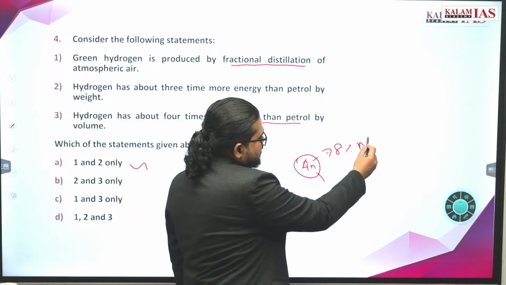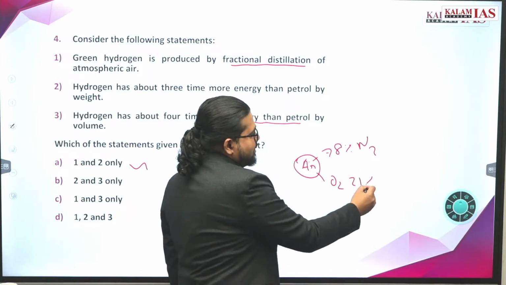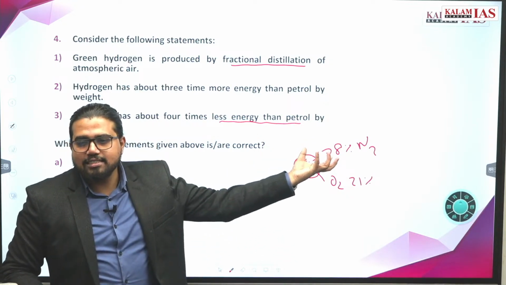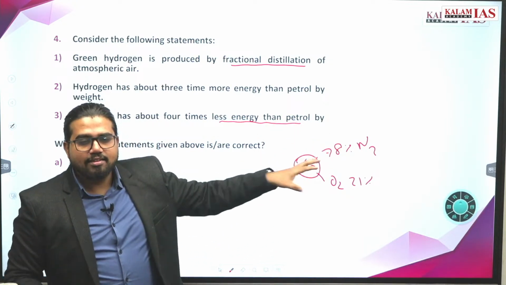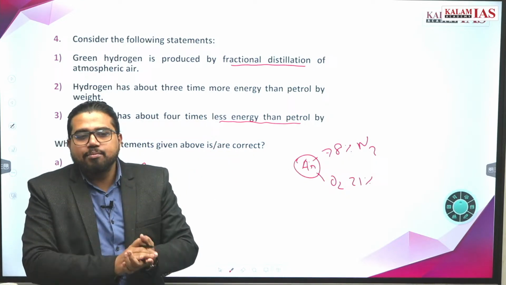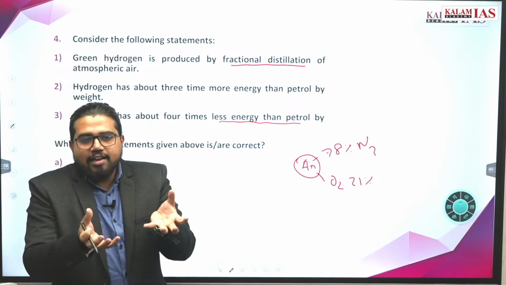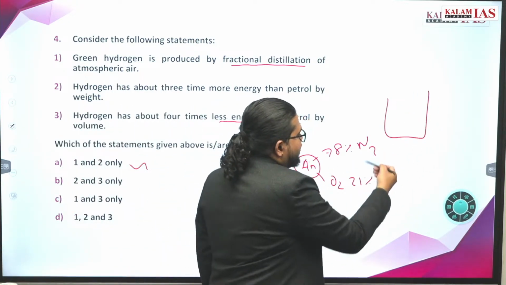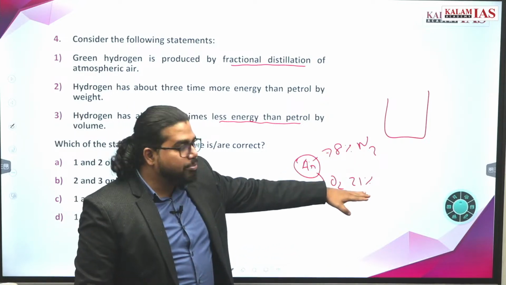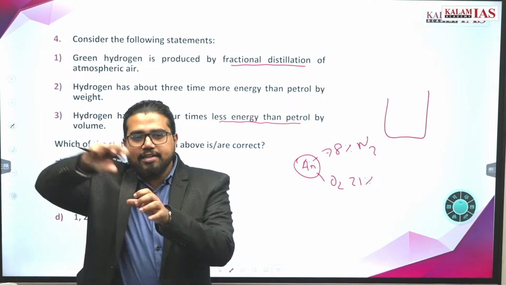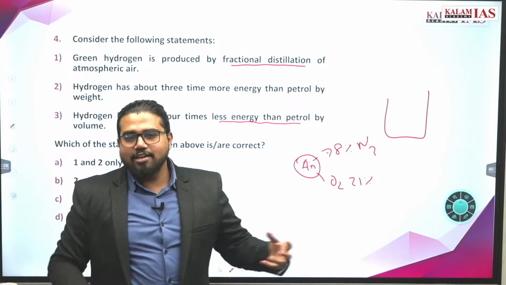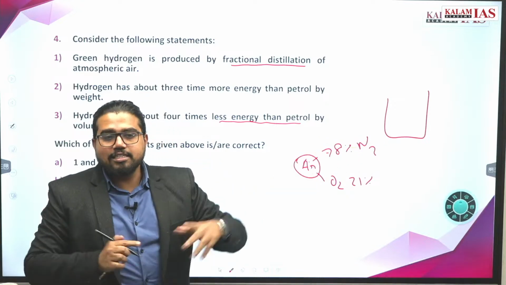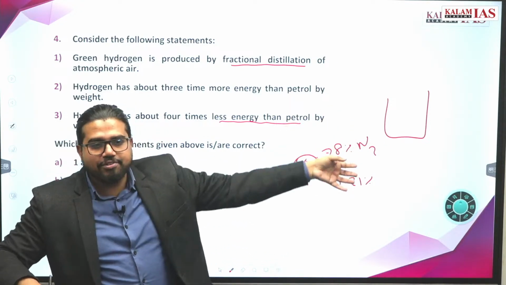And O2 how much? 21%. Then some small amounts of other gases. So what we do in fractional distillation is take the air, then cool it below melting point temperature, so we will have liquid air. Now we increase the temperature, and these will have different boiling points. We reach the boiling point of oxygen, it will boil out, we take it and get fresh oxygen. Then we go to the boiling point of nitrogen, and we get nitrogen. This is how you separate air into different gases.